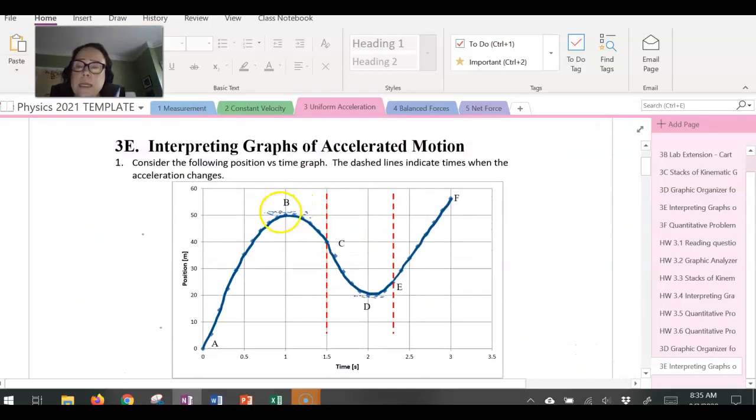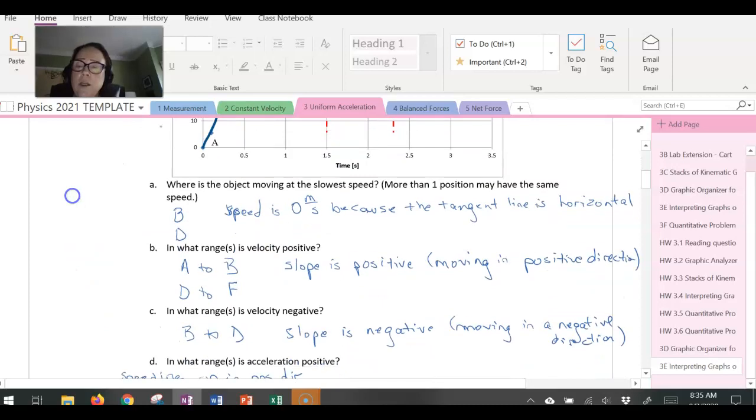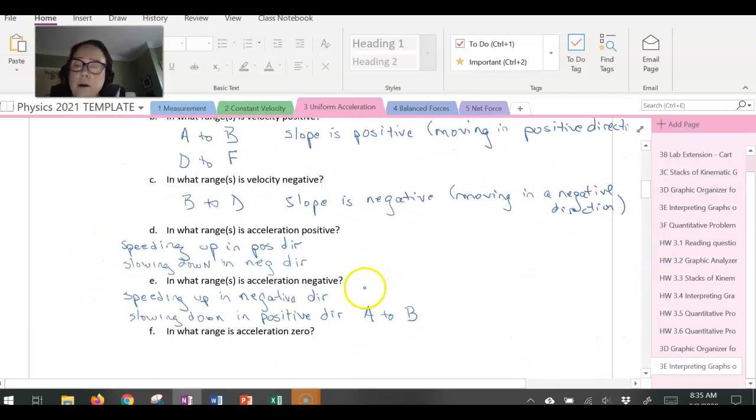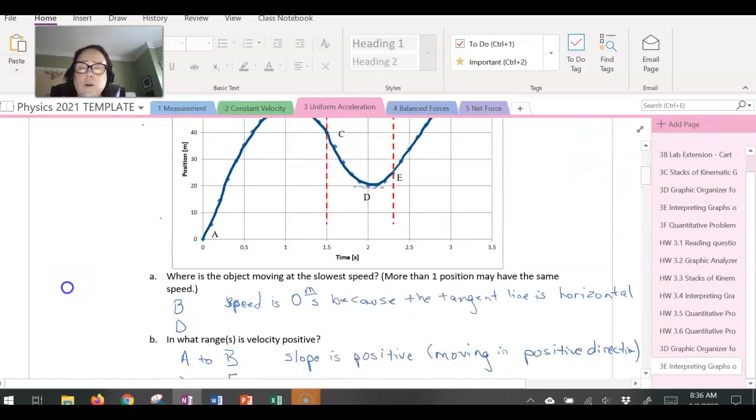Then from B to C, it's moving in the negative direction and speeding up. So that would be also an area where acceleration is negative. Okay, because it's moving in the negative direction, so velocity is in that direction, and since it's speeding up, acceleration is in the same direction.